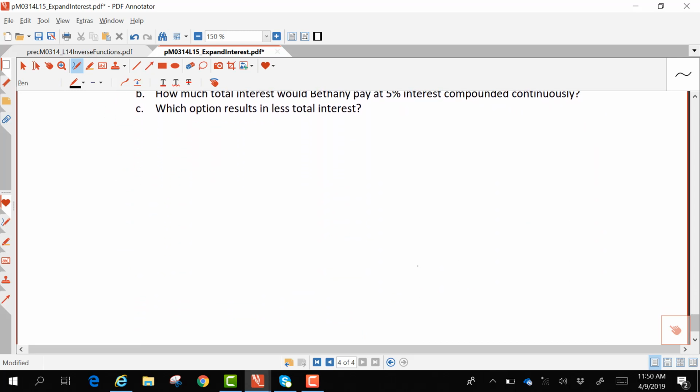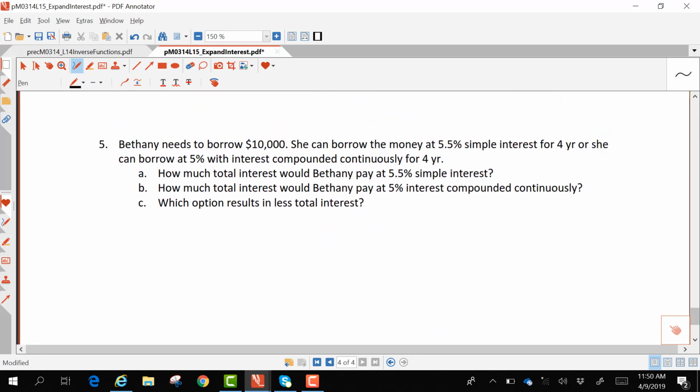This is a financial question, number 5. It says Bethany needs to borrow $10,000, and she can borrow it at 5.5% simple interest for a time period of 4 years. Now, your simple interest rate is going to be labeled as R, and you must take that percent and change it to a decimal value, which is why we practice percents to decimals.